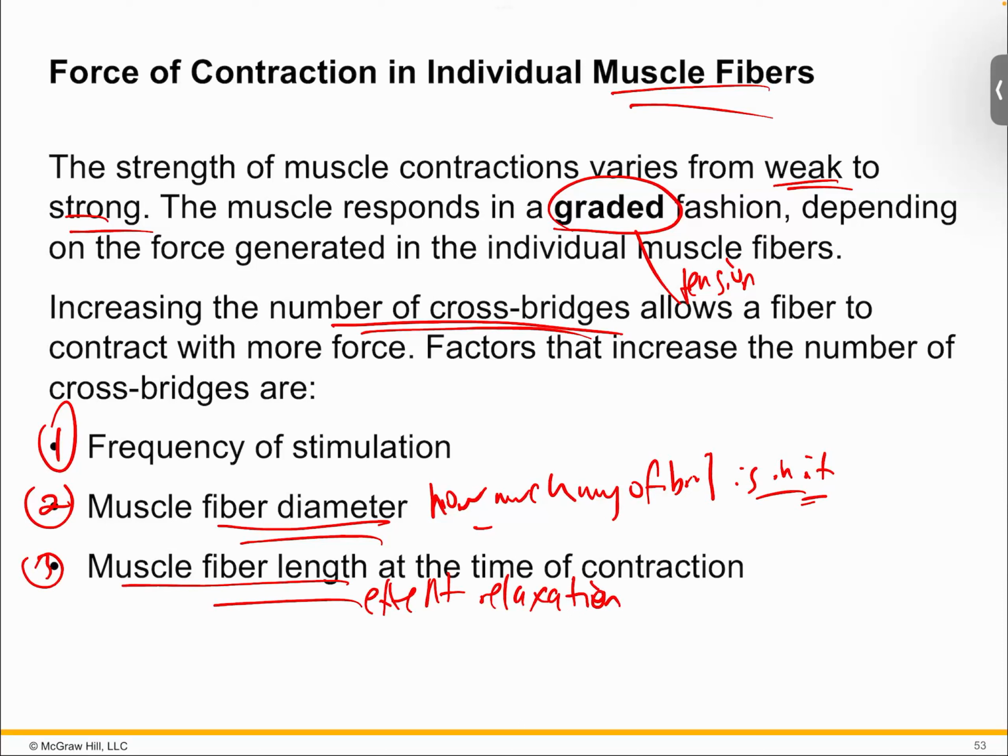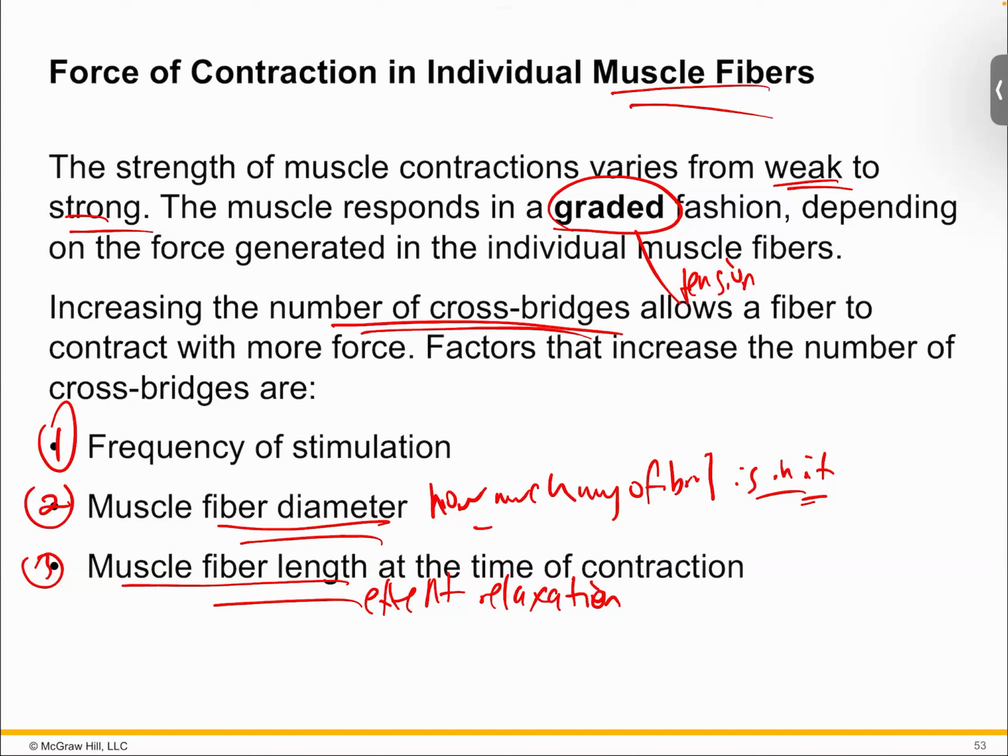You're only going to get 50% contraction. So depending on how much the mousetrap is sprung will dictate how much you can contract the next time around. Okay, so you have to fully reset. Fully relax will give you full contraction. Partial relaxation will give you partial contraction, right? Or a weaker contraction. So those are some of the major things.